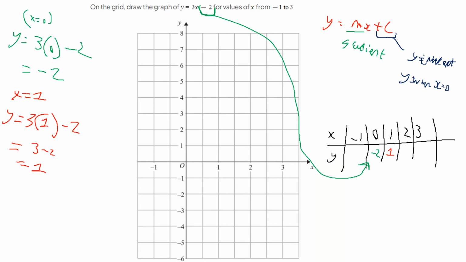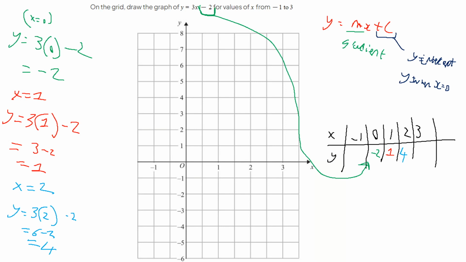Let's go up another one. For x is equal to 2, y is equal to 3 times 2 minus 2. 3 times 2 is 6, and so we're left with 4.